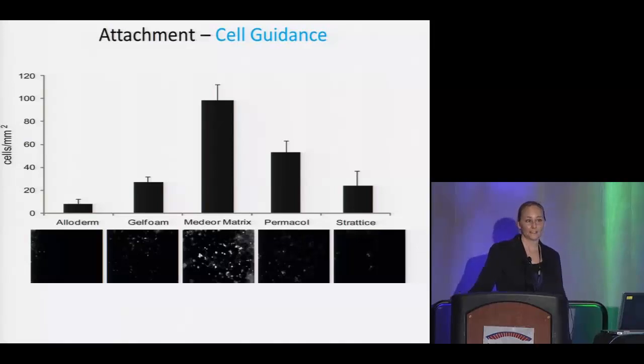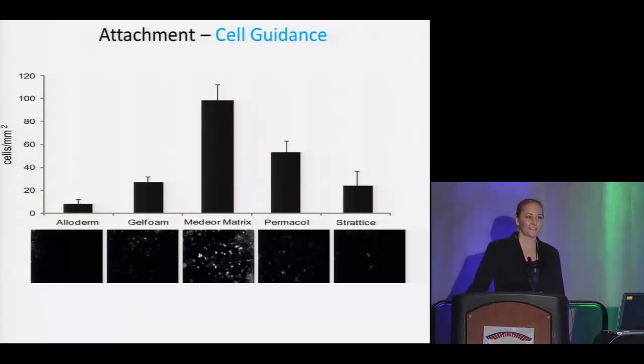So taking a cell solution and taking different punches of these dermal materials, putting them into a shaking incubator. After 3 hours, we're able to remove these materials, wash them in PBS to make sure there's no excess cells that were just sticking on there, fix them, and then stain them for DAPI, and then look at them under the microscope, approximately 100 microns depth, to see how many cells had attached.